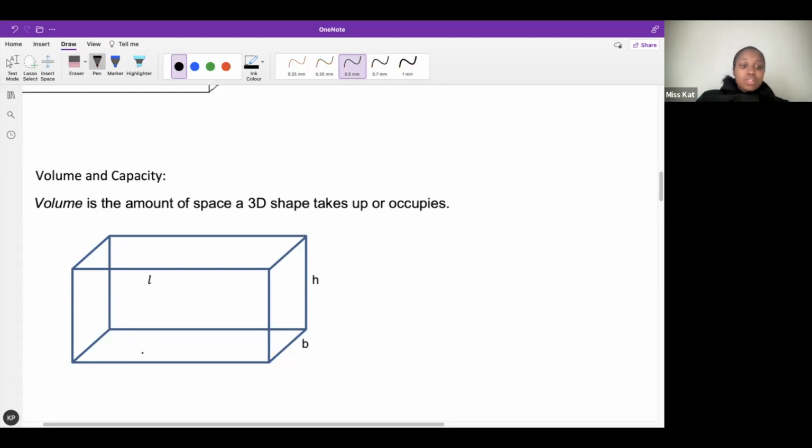So the bottom of the box, what's the dimension of the bottom of the box? Formula: area of the base times height. That is correct, Nipo. And in this case, our base is a what, Nipo?